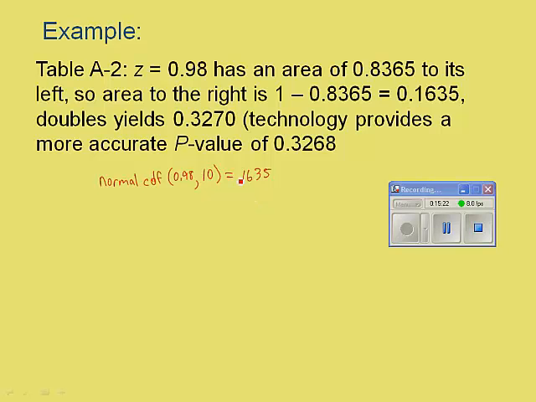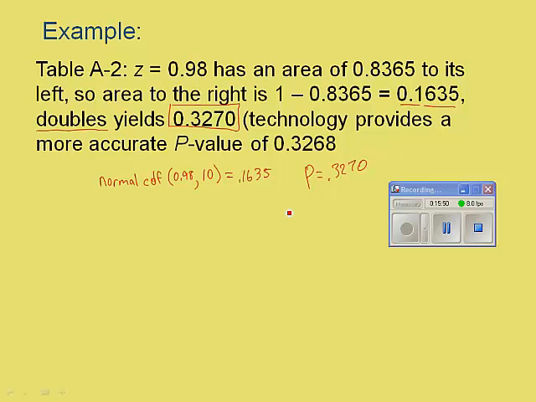That's what I would get. That's what they did with the table instead. Now, why do they double it? Two-tailed test. So there's your p-value, 0.3270. Or 0.3268, something like that.